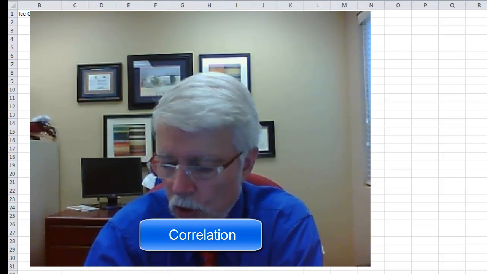When you get into statistics, correlation, and especially the square of the correlation, is a number between 0 and 1. As that number gets closer to 1, it's a higher degree of relationship. As that correlation squared gets closer to 0, there's less relationship.